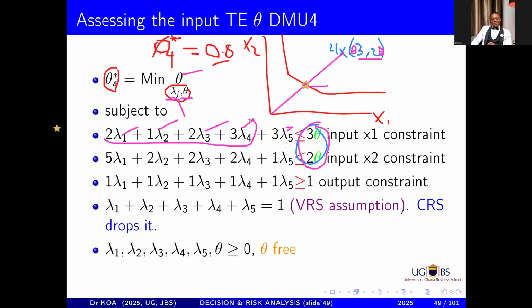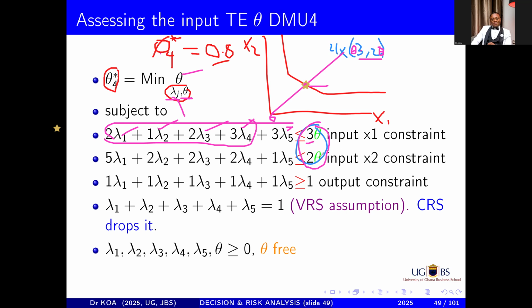So let's say that you substitute the values on the left-hand side and you get this one here to be 6. Then it means that you can find theta, because you divide both sides by 3.